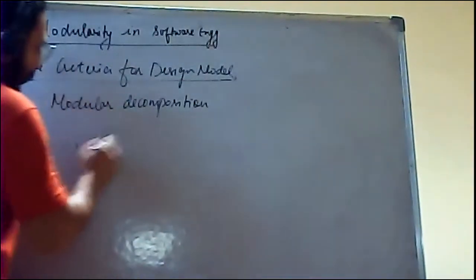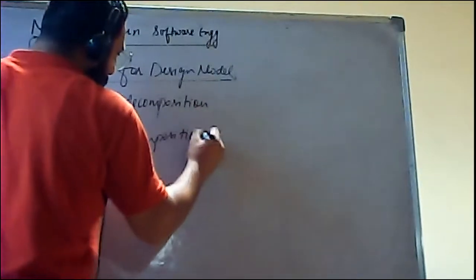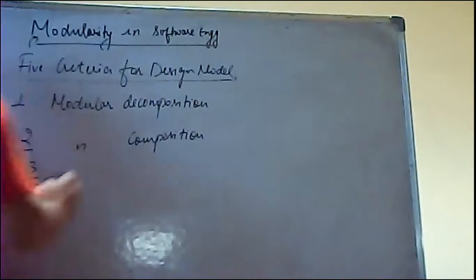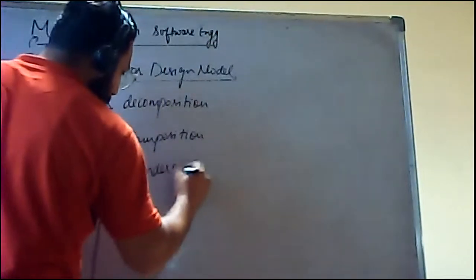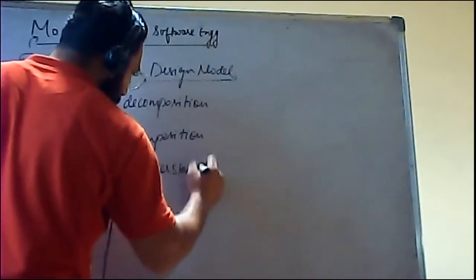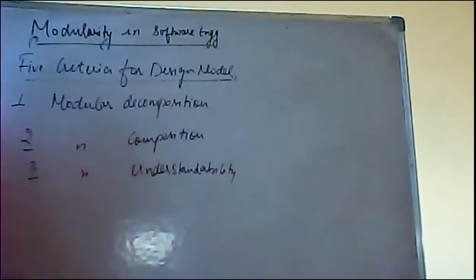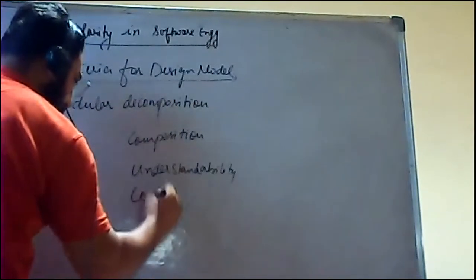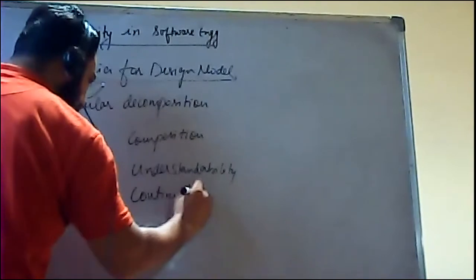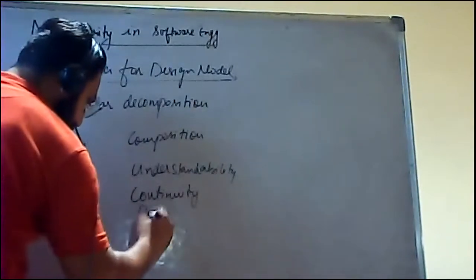Second is modular composition. Third is modular understandability. Fourth is modular continuity. And fifth is modular protection.